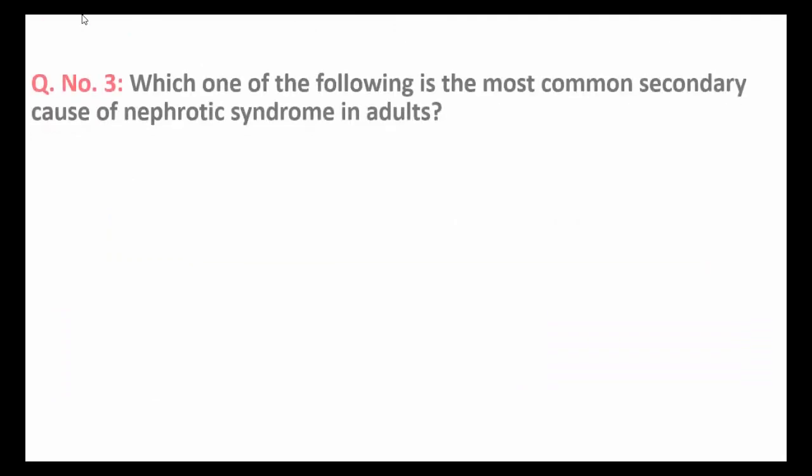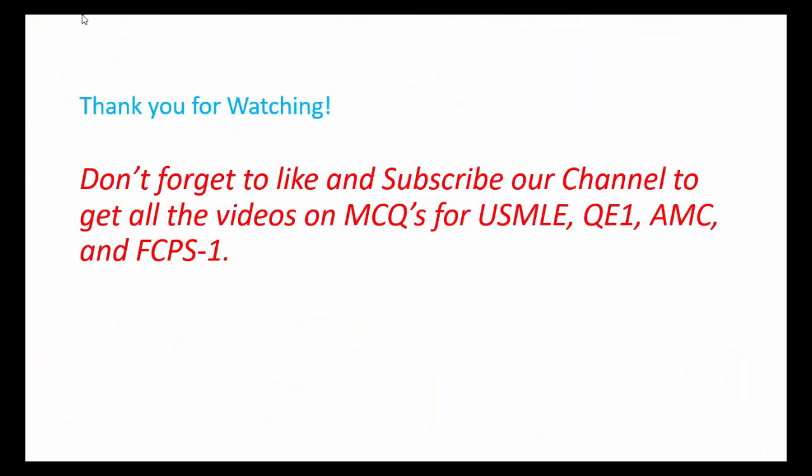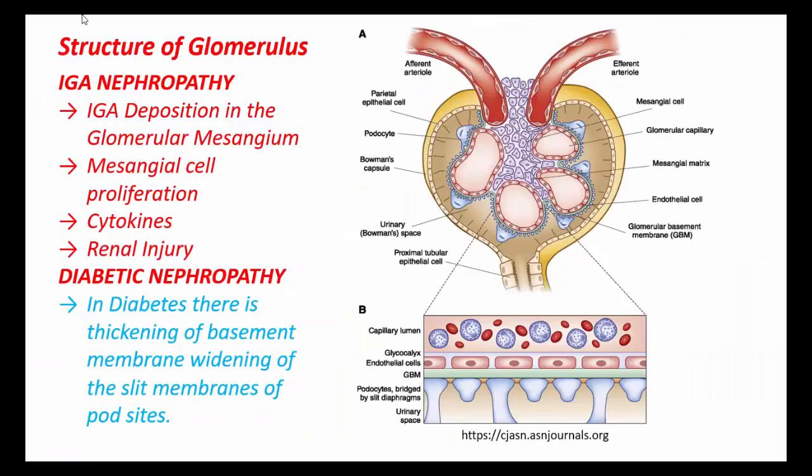Now, if we see the glomerular structure, again for diabetic glomerulopathy, we see that there are mesangial cells over here and the mesangial matrix.